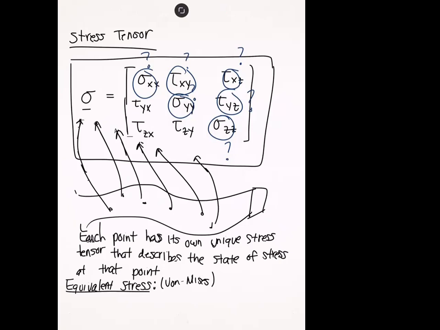Just like many things in science, it's named after the guys who created it. The von Mises stress is a scalar quantity, a scalar expression of the stress that combines these 6 different components.